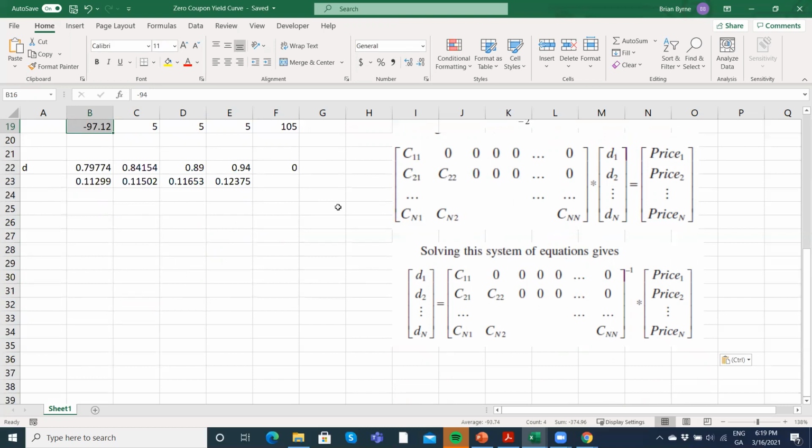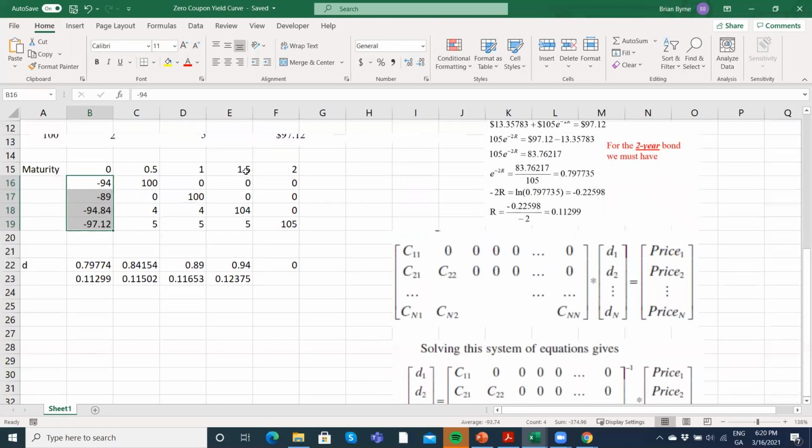But if I multiply by the inverse of this matrix, I must do the same on the other side. So I end up with D1, D2, through Dn. If I take the inverse of the cash flow matrix and multiply by the prices, I get the discount factors, which would be these ones here.